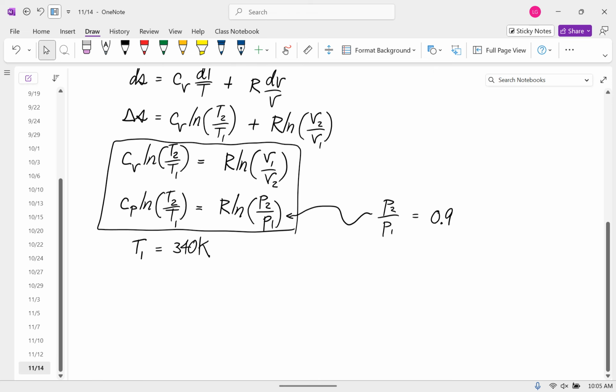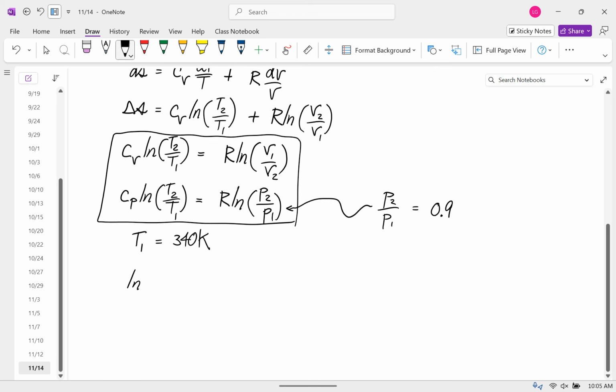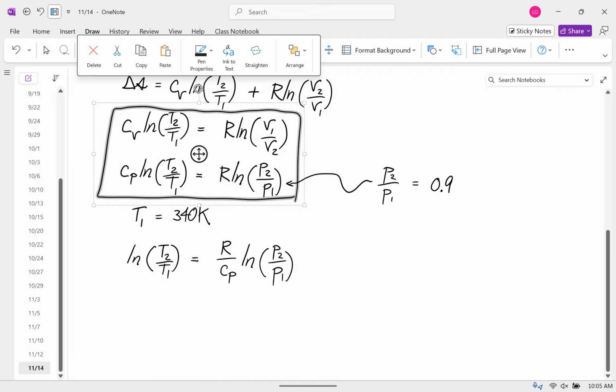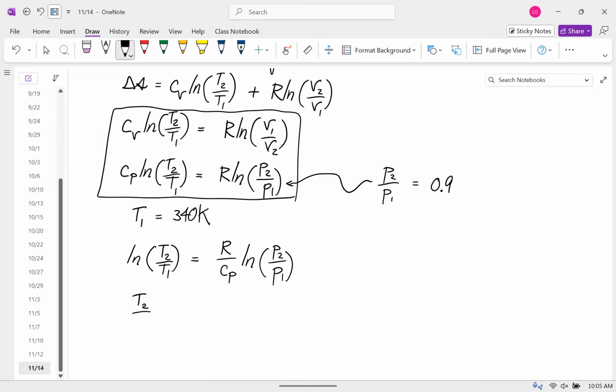We can write this as natural log of T2 over T1 is equal to R over CP times natural log of P2 over P1. And then e to both sides gives us that T2 over T1 is equal to e to the power of R over CP, natural log of 0.9.